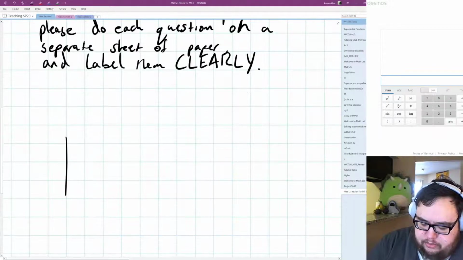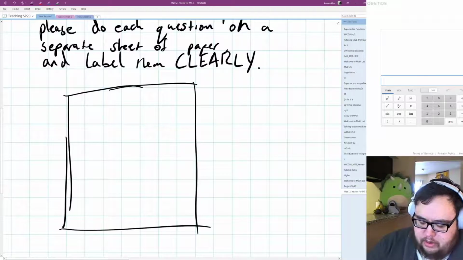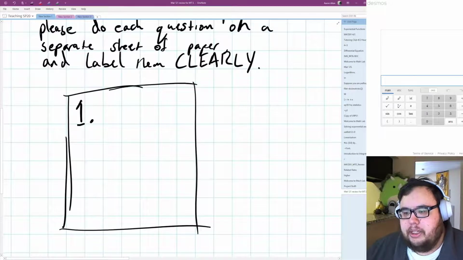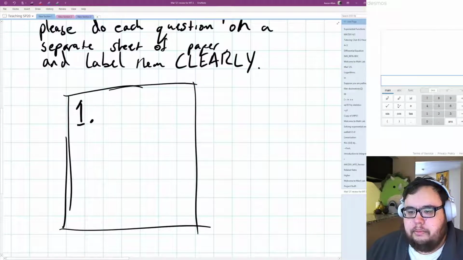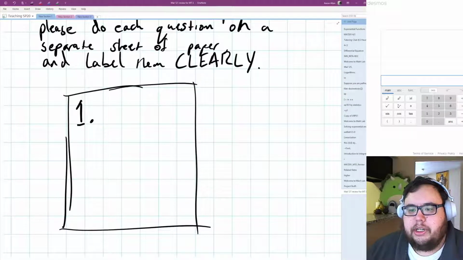For example, put a big question number 1 in the corner or something like that, so I can very quickly tell which one is which.